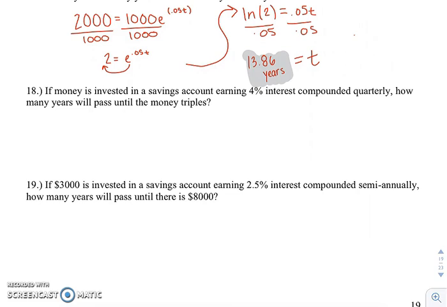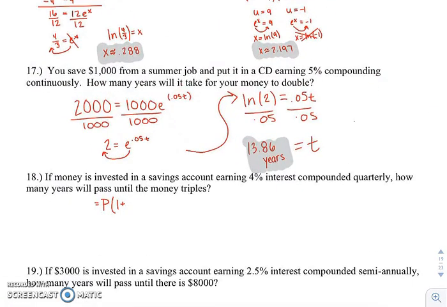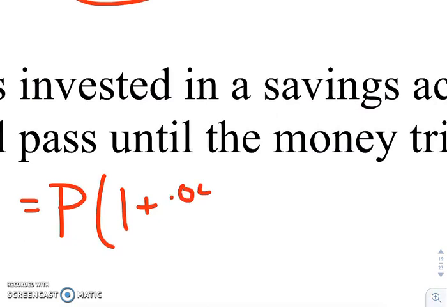We don't know what we're actually putting in, we're just trying to figure out how much time it will take to triple. So we don't know the principal, but we do know the rate is 0.04, and it's quarterly, so 4 times a year, and we're trying to figure out that t.